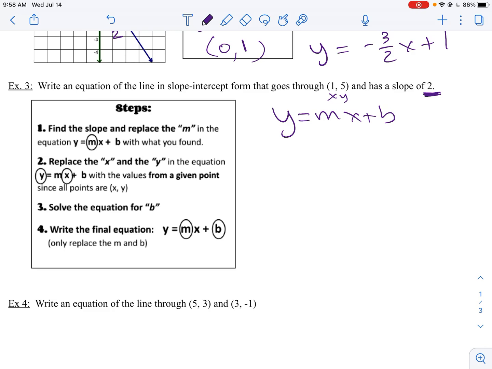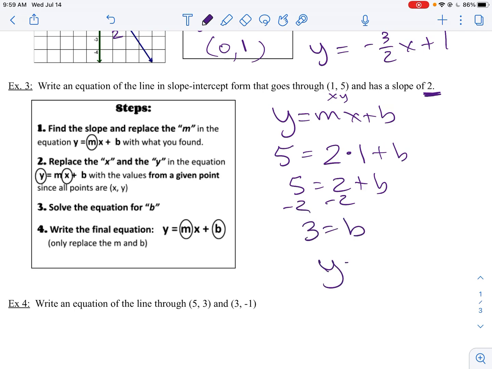I'm going to replace the y with 5, the m with 2, and the x with 1 to find my b value. So 5 equals 2 plus b. I subtract 2, 3 equals b. So y equals 2x plus 3.